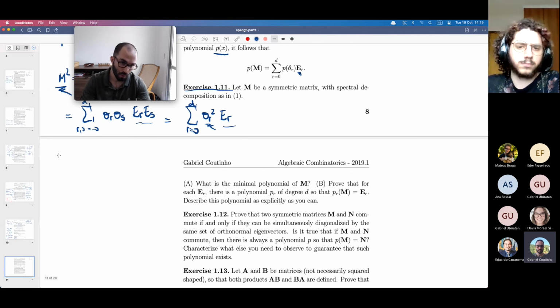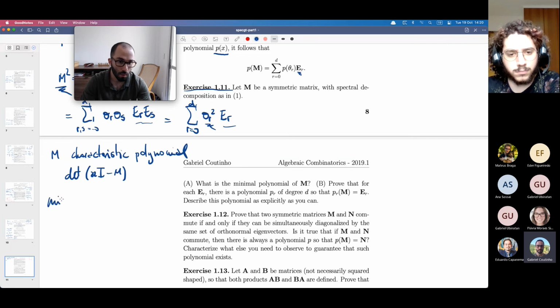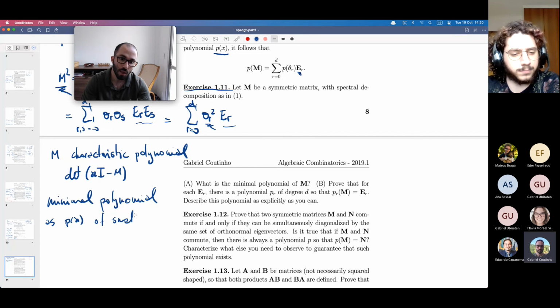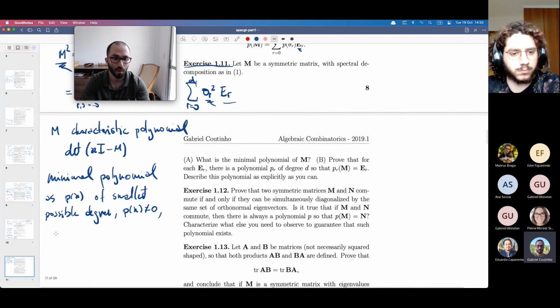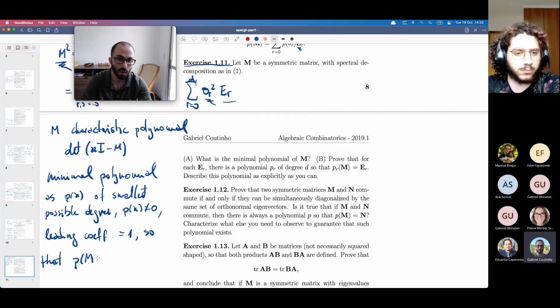If I have a matrix M, the characteristic polynomial is always going to be the determinant of x times I minus M. The minimal polynomial is defined as the polynomial px of smallest possible degree, non-identically zero, with leading coefficient equal to 1, so that P applied at M is actually equal to 0.